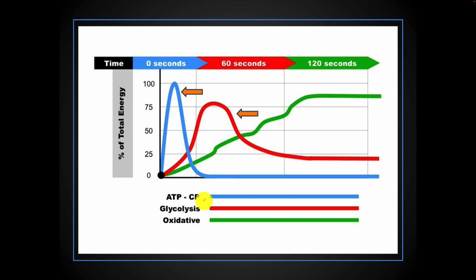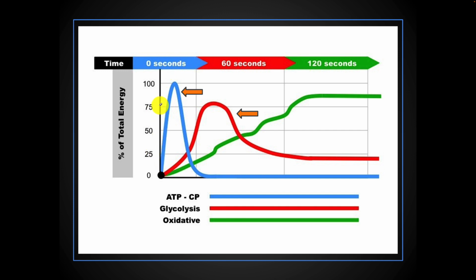If we look at the y-axis and the x-axis, the X is up here, unfortunately. Usually it's down at the bottom. The Y is telling us what the total percent of energy is being used at different time frames, and the time frames are going this way. So from 0 to 60 seconds, and I don't like this 60, but it's just a general picture to show you what's going on here.